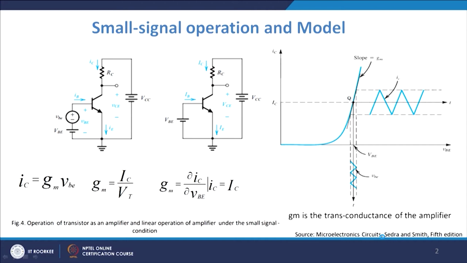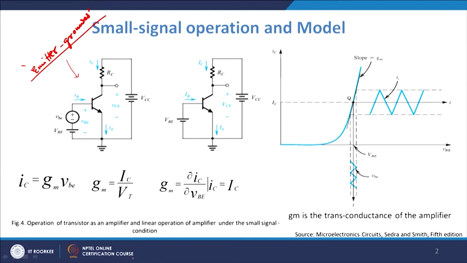As you can see, this circuit is basically a BJT in the emitter grounded configuration, or common emitter configuration.